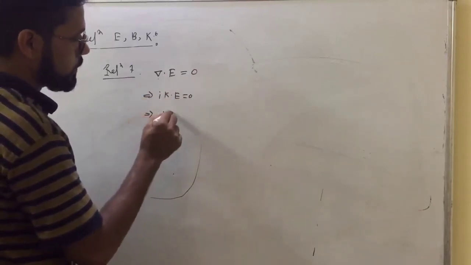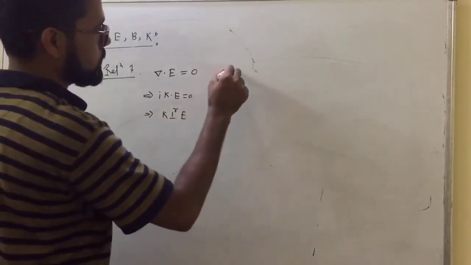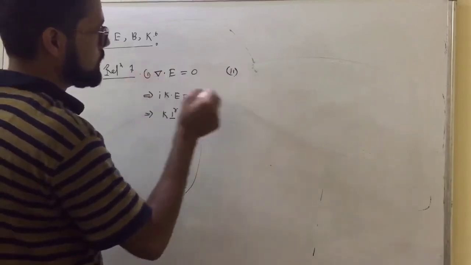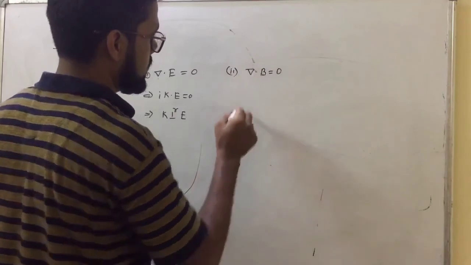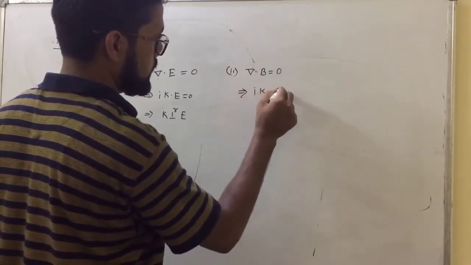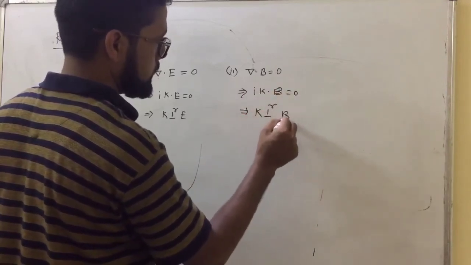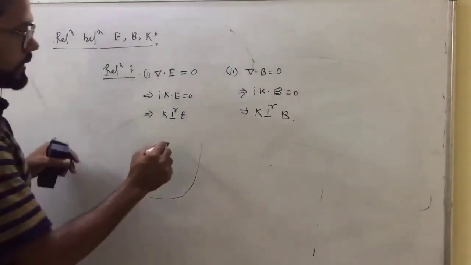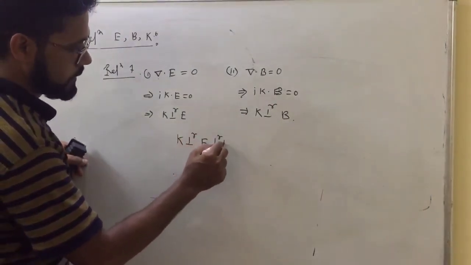That means K is perpendicular to E. Similarly, from the second equation, divergence of B equals 0, this means ik dot B equals 0. That means K is perpendicular to B. From these equations we can conclude that K is perpendicular to E and perpendicular to B.